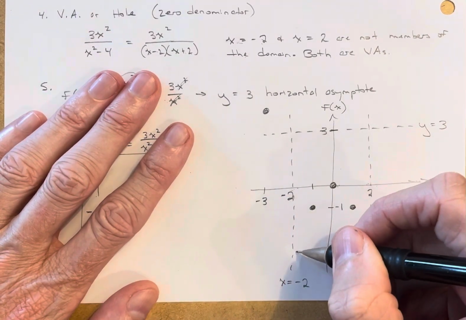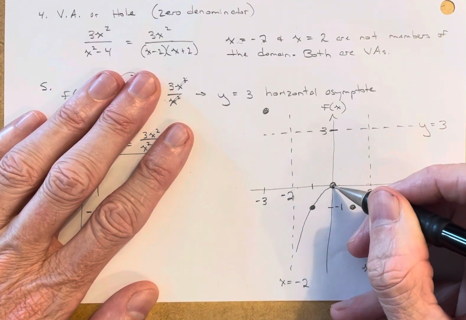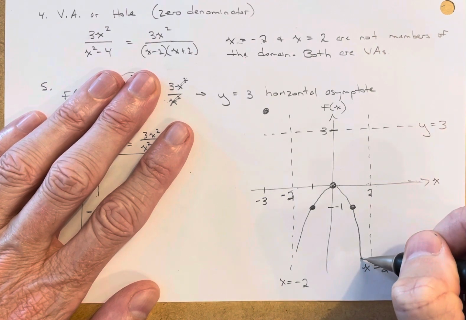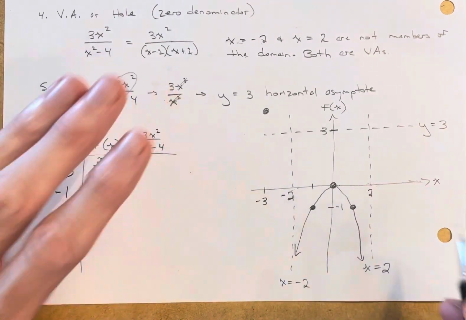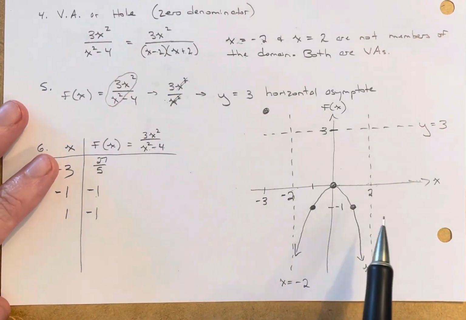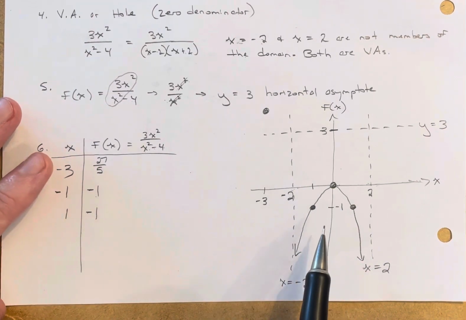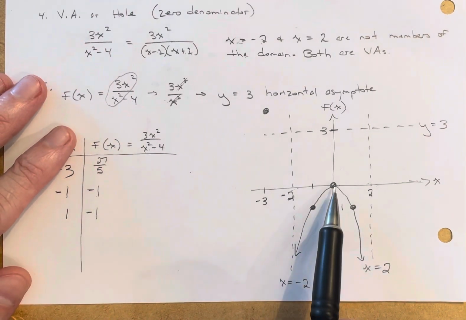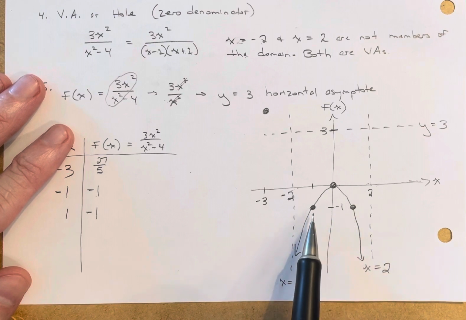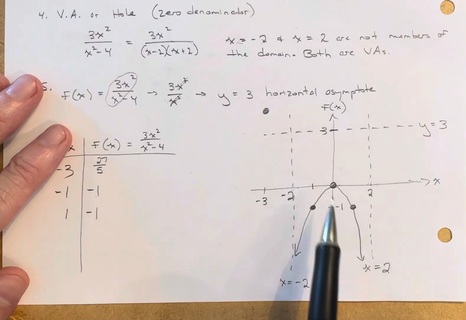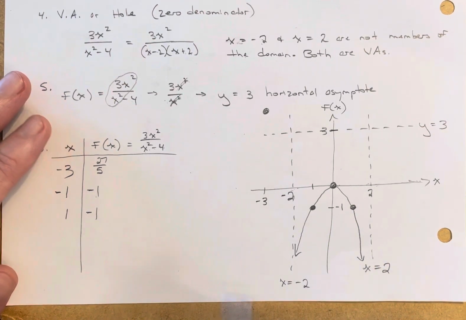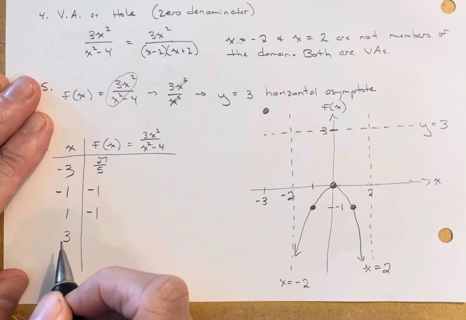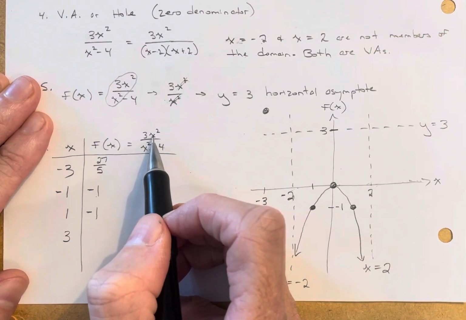So I'm guessing this part is going to look like that. That's my guess. We have the origin. This is symmetrical. This is a vertical asymptote. That's that piece.